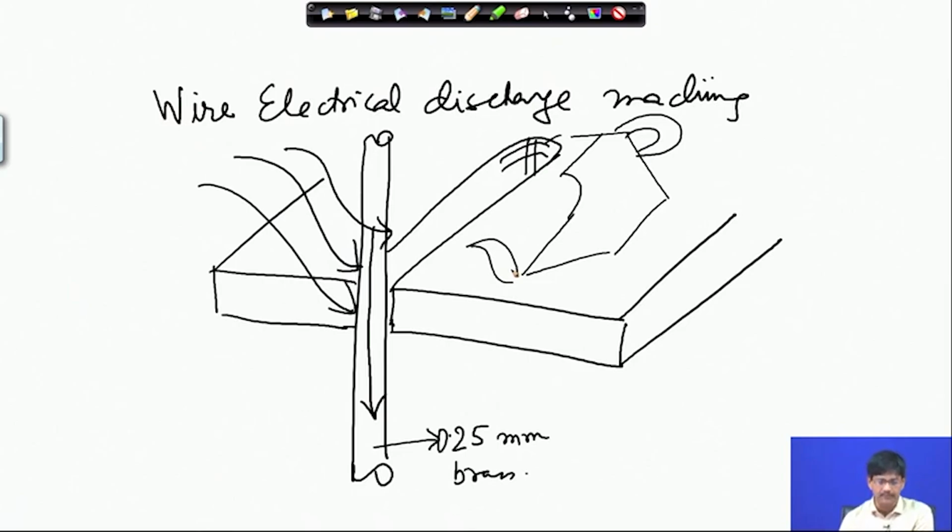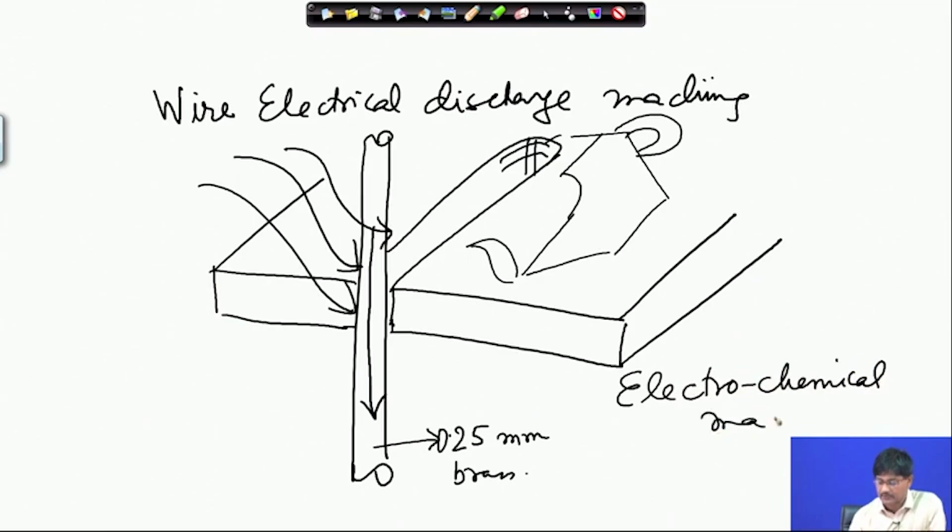It has become very popular, and surprisingly, the other method, electrochemical machining, has not been able to produce a corresponding method. There is no wire electrochemical machining process. Why is this so? This is because wire electrical discharge machining is a method where sparks are deciding the material removal.